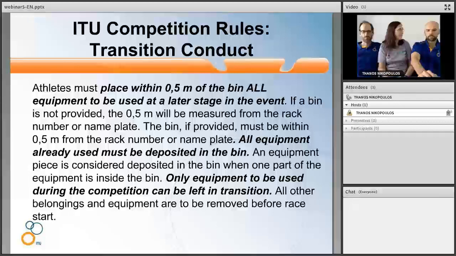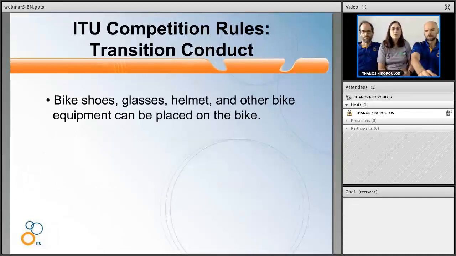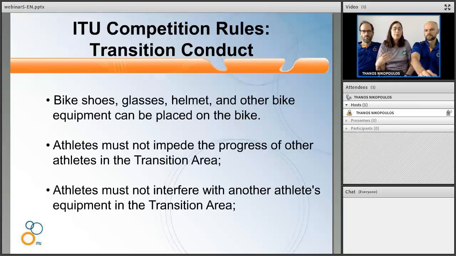Leslie, can the athletes leave any equipment on the bicycle? Okay, so we do have specific rules around this. Stefan mentioned used equipment versus equipment that's still going to be used. They can place equipment on the bike that they're going to be using in the future. Nothing that's not going to be used in the race should be left in transition at all.